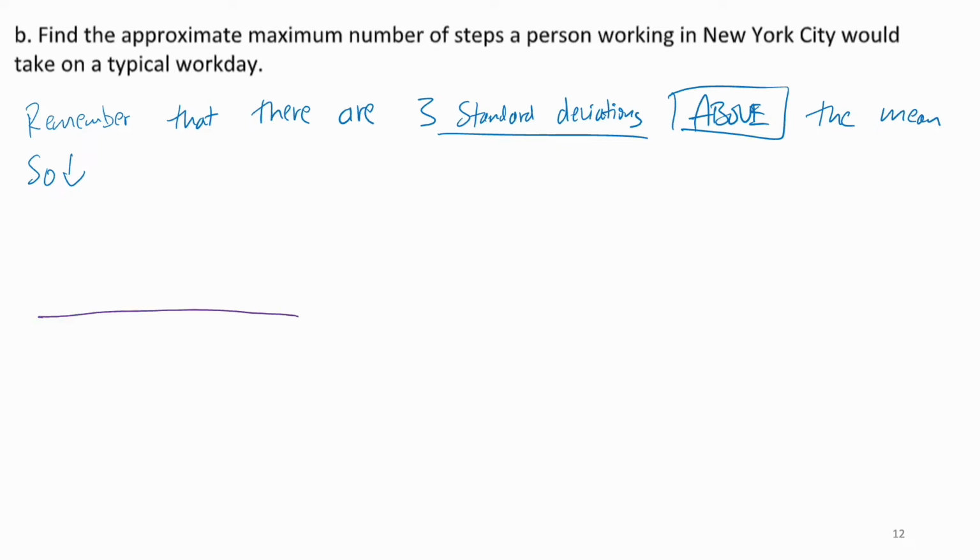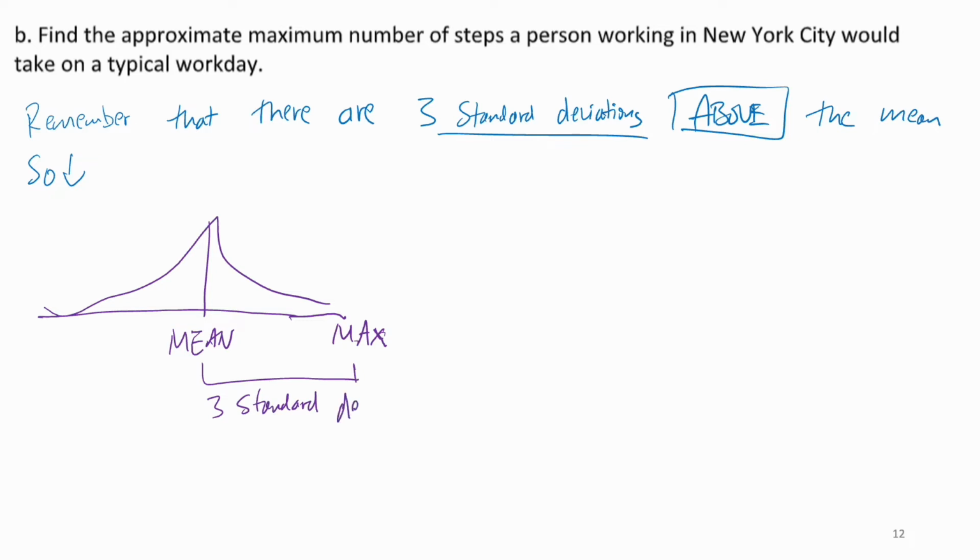So, if I draw it out, the mean's right there in the center, and we have the max. That is 3 standard deviations. So we know the mean is 9,797 steps, and the standard deviation is 2,313 steps.